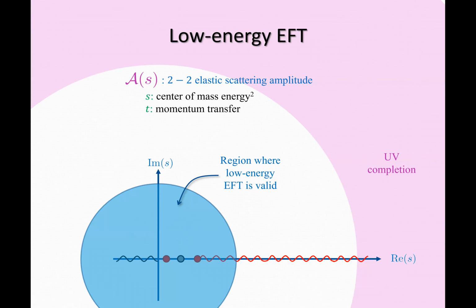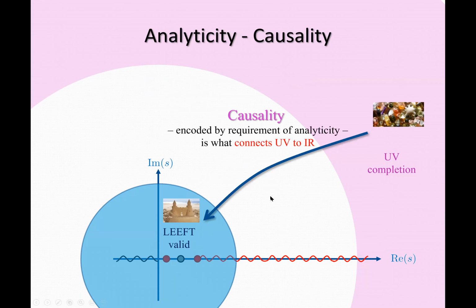However, there's a connection between some of the assumptions that you have to impose on yourself at high energy and what's going on at low energy, which is coming from causality. And in this case, it is encoded through the requirement of analyticity.